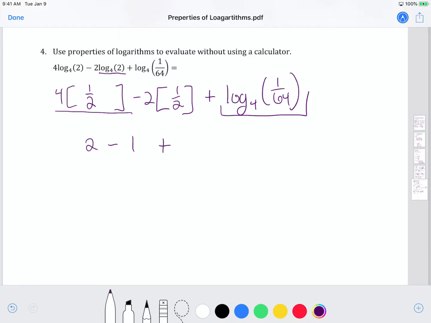And if I want it to flip upside down and the fraction to be reciprocated, I would have to make that exponent a negative. So log base 4 of 1 over 64 has to be equal to -3. So I have 2 minus 1, which would be 1, and then a 1 and a -3 would give me a -2. So -2 would be my final answer.